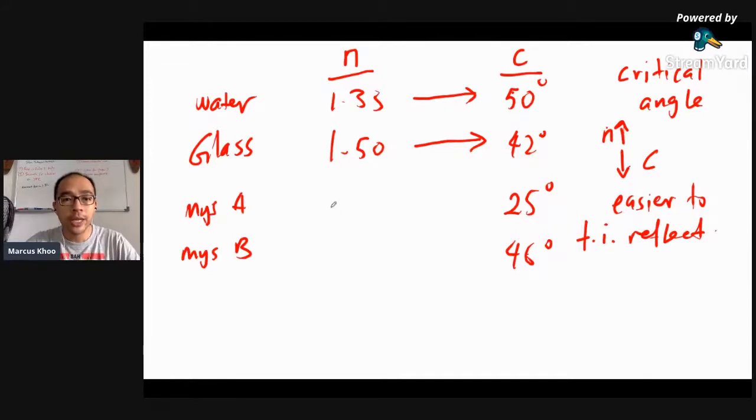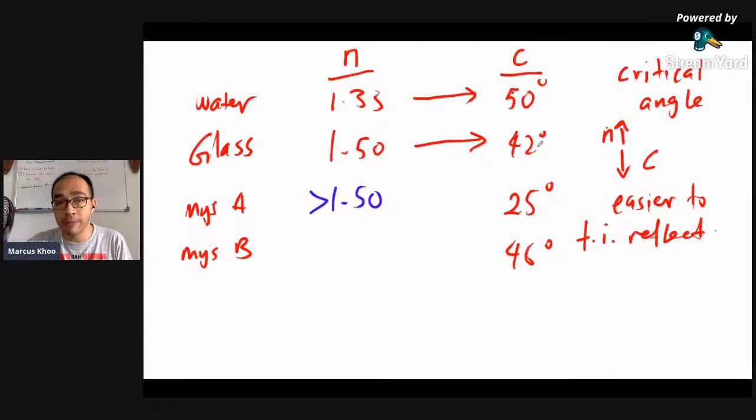Since the critical angle for glass is 42, if you want a bigger refractive index, you need to have a smaller critical angle. So that means this one is definitely bigger than 1.50. How about this one?